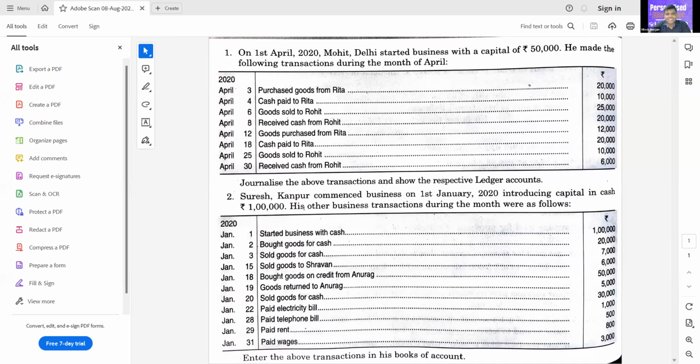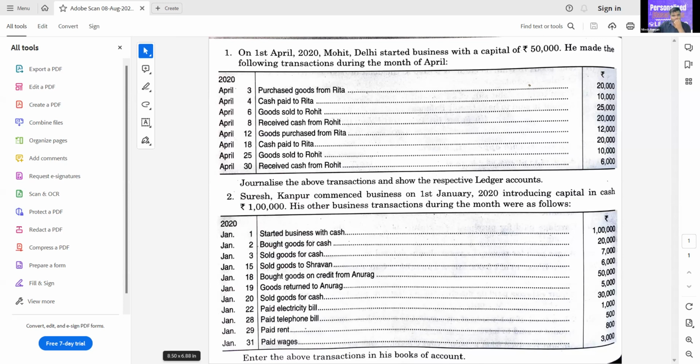This is cash paid, so cash is a real account and it is going. Okay, sir. What is the rule for a real account? Debit what comes in, credit what goes out. Yes, credit what goes out means if cash is going, it will be credited. Yes, sir. Okay, next one.